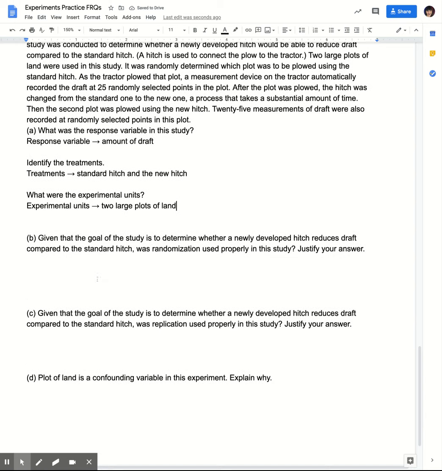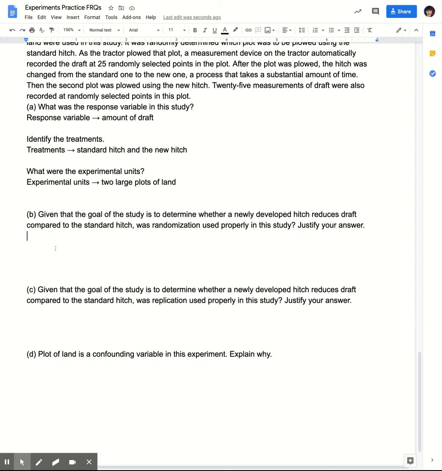Okay. All right, let's look at part B, which says, given that the goal of the study is to determine whether a newly developed hitch reduces draft compared to the standard hitch, was randomization used properly in this study? Okay, so basically they're just asking you, did they include randomization? And they did. They used it correctly, right? They chose one of the plots at random to receive one treatment and then gave the other plot the other treatment.